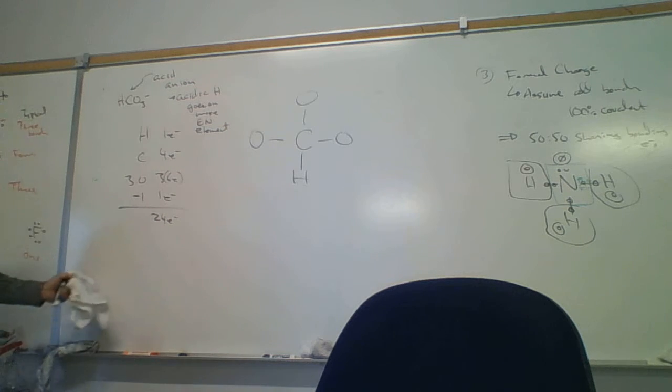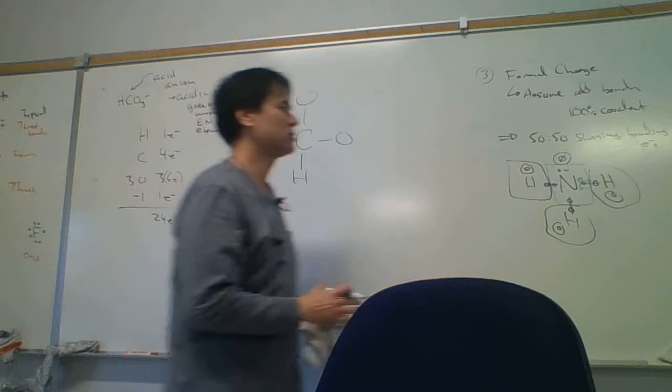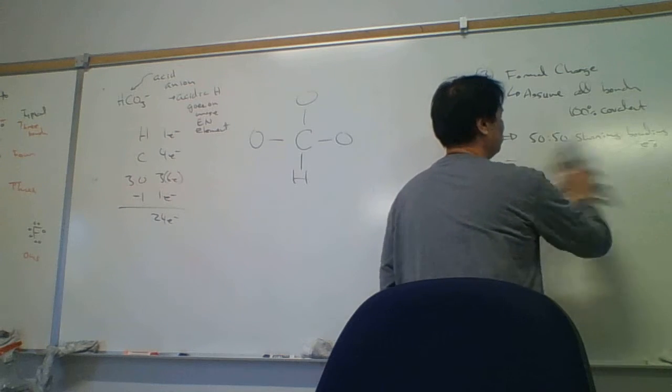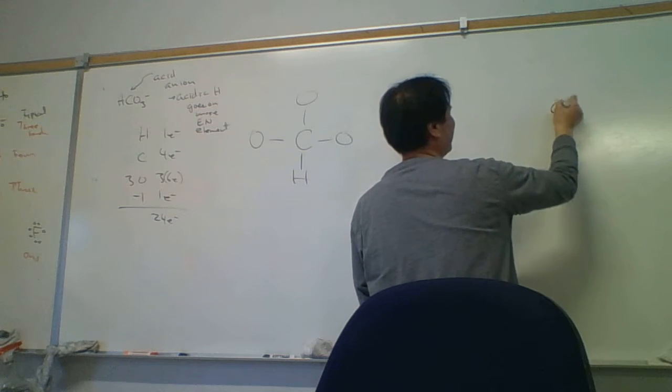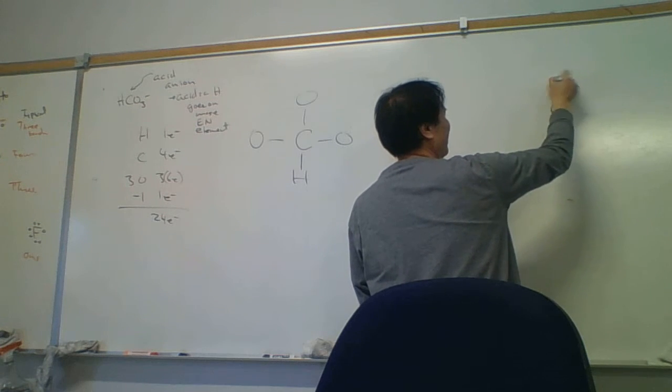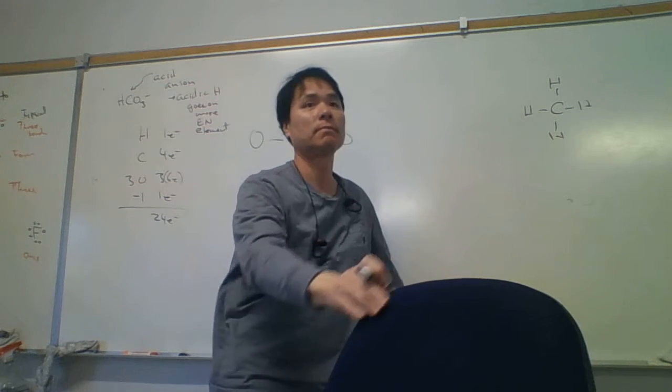And so this would be considered non-acidic hydrogen because it's going on carbon. The carbon-hydrogen bond is very nonpolar. It's like methane. If I think about methane, methane looks like this.